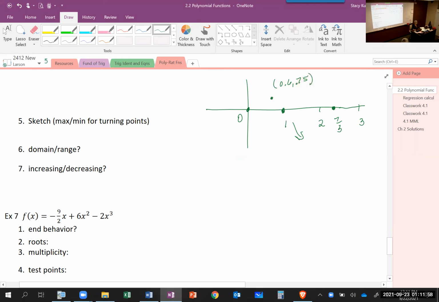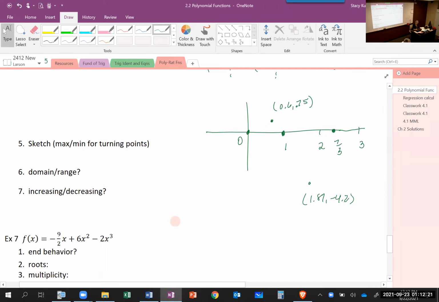I'm going to put a point there representing 0.6 and 0.75. I'm going to put a point representing the other value. What did we say? 1.87 and negative 4.2. Is that close enough? Is that what y'all have roughly?